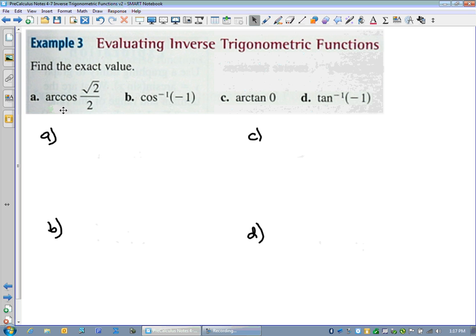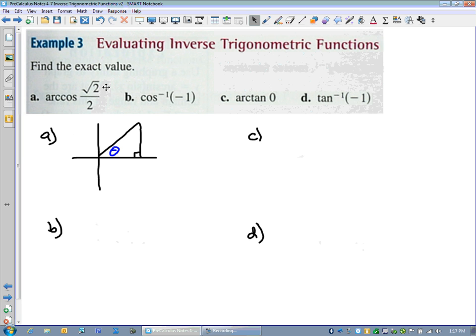All right, let's look at a couple more examples. Here we want the arc cosine of √2/2. And for that, notice my values are all positive, so I'm definitely in quadrant 1. For the inverse trig functions, whenever they're positive, you're going to be in quadrant 1. If they're negative, then they're going to be in the other quadrant within the restricted domain. Now, this is our theta, which is our reference angle.